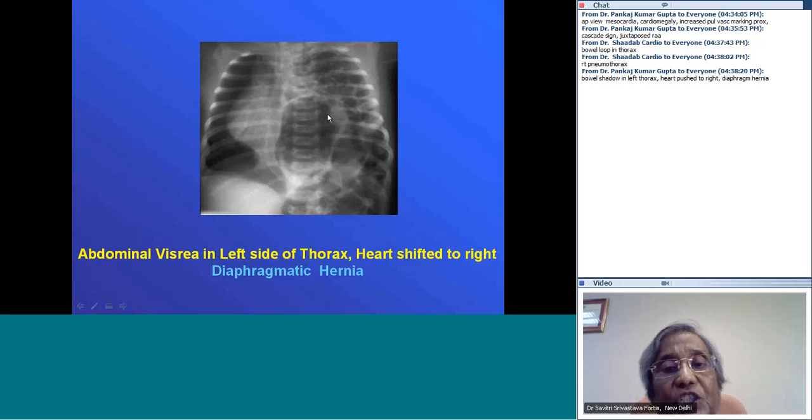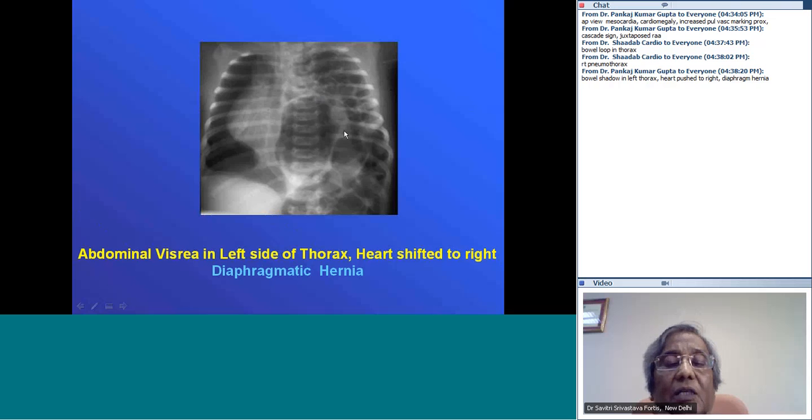It is a classical example of a diaphragmatic hernia in a child, which was mistaken for dextrocardia because the heart is felt on the right side. So this is a dextroposition, as we call it, because of the shift of the heart due to the viscera projecting into the left side of the thorax.